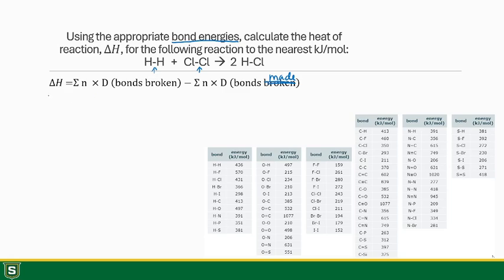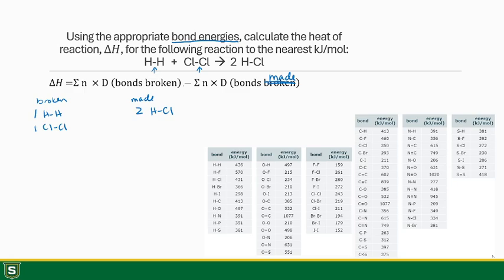So the bonds that are broken have 1 H-H and 1 Cl-Cl, and the ones that are made is I'll have 2 HCl because there's 2 of them, so I multiply by 2. But within the product, there's only 1 H-Cl bond.